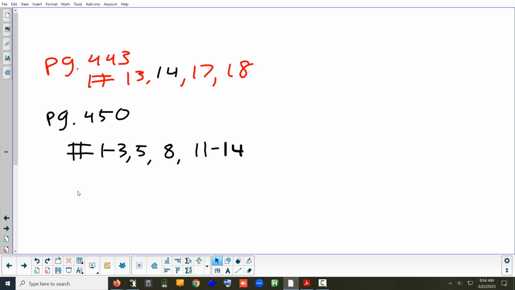So 1 through 3, 5 and 8, and 11 through 14 on page 4. So that's homework for tonight.